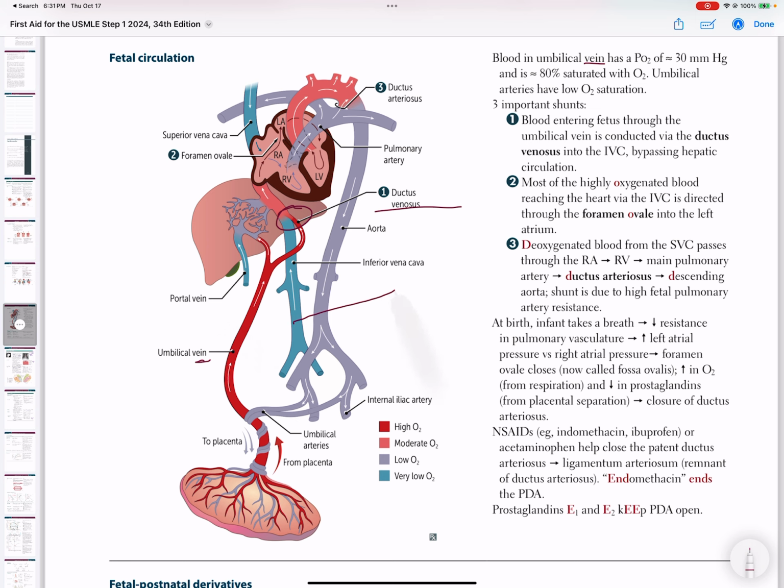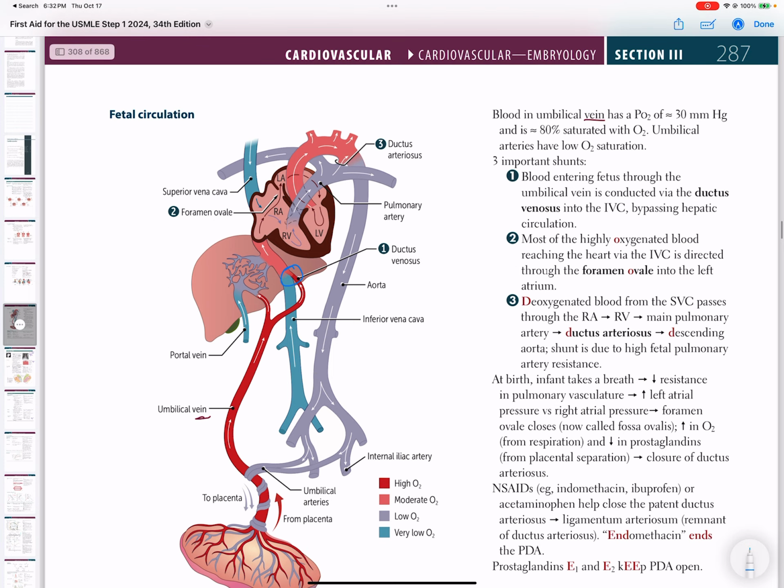Instead of going to the liver and then coming from the liver, it has a shunt, the ductus venosus, which bypasses the portal circulation, the hepatic circulation.